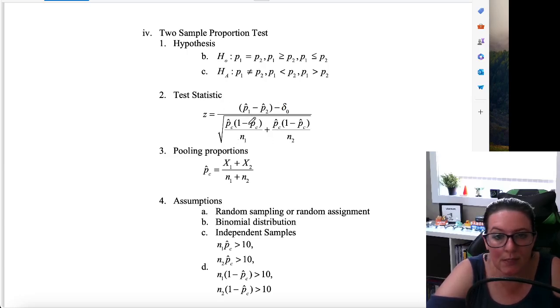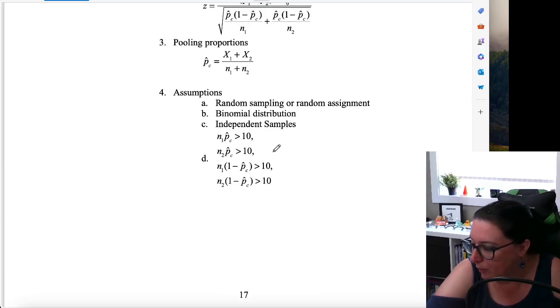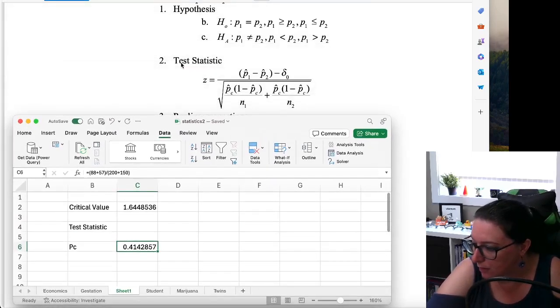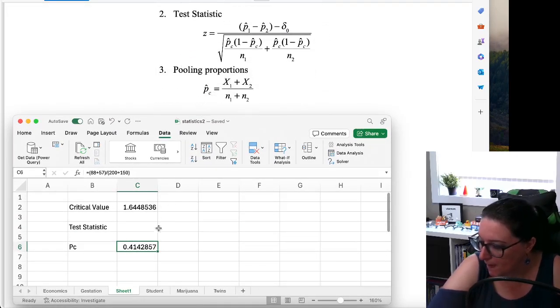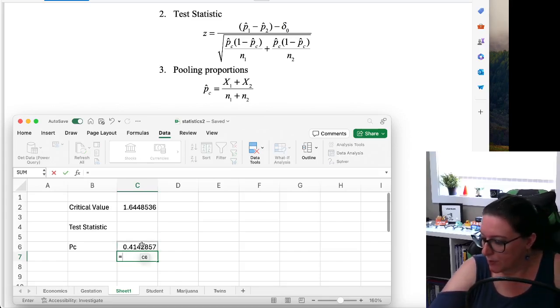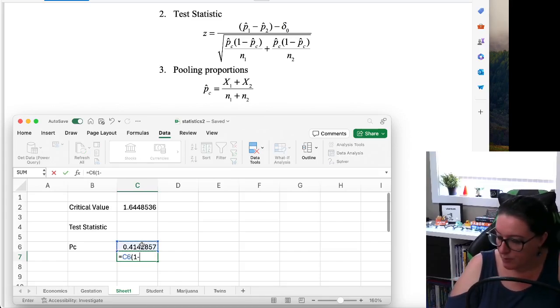Now let's do the rest of our test statistic. We're going to do p hat combined times 1 minus p hat combined, divided by n1. Let's do this in chunks. Equals p combined times 1 minus p combined.